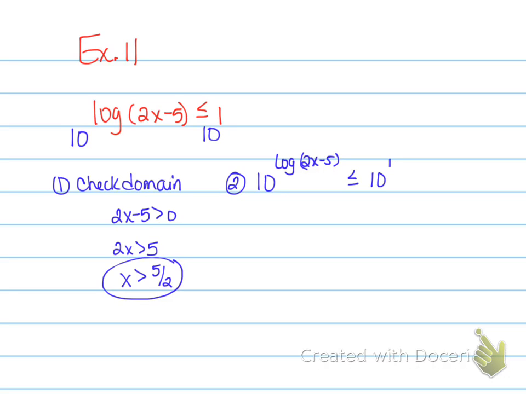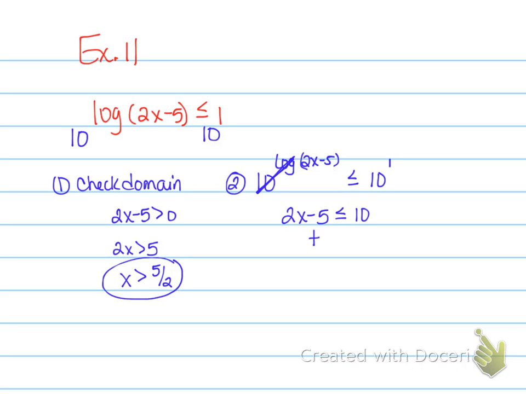The way it's going to work out, using the rules of exponents and logarithms, my 10 and my log base 10 are going to cancel. So it's going to cause that 2x minus 5 to be less than or equal to 10 to the first, which is just 10.